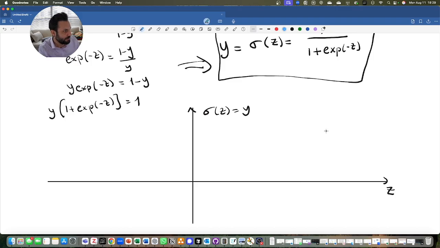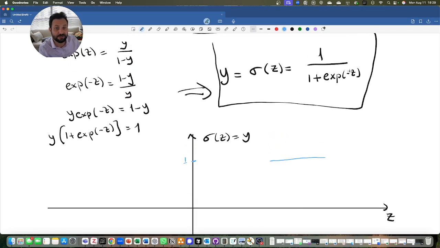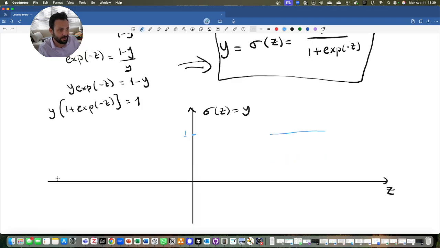So my score becomes 1. If my Z goes to negative infinity, the exponential becomes infinite and dominates the denominator. 1 over something very close to infinity becomes something very close to 0.